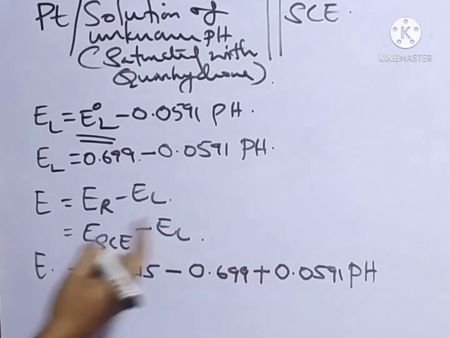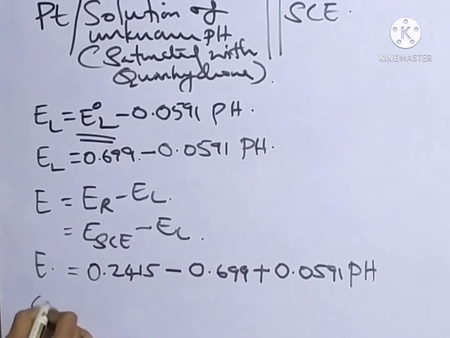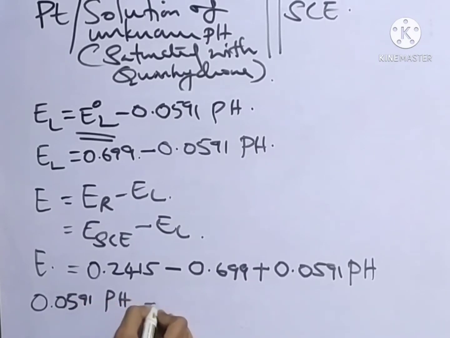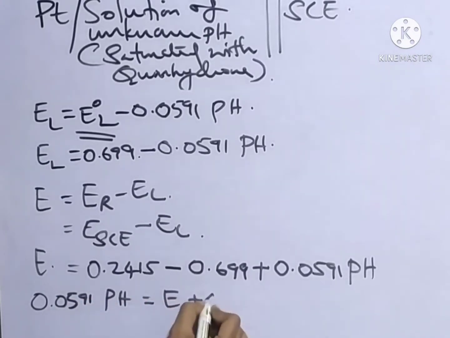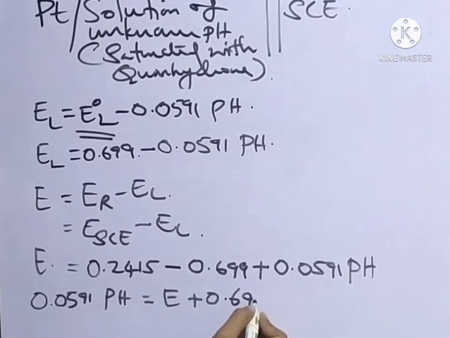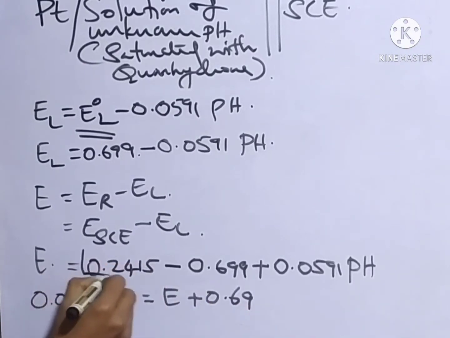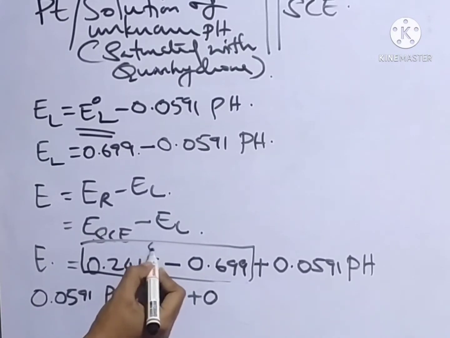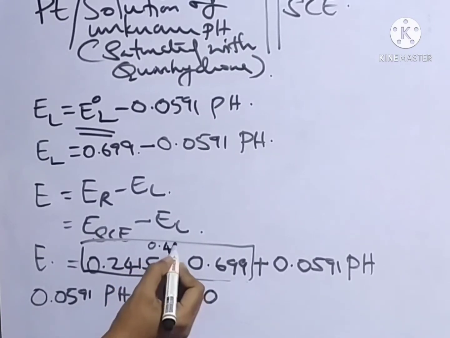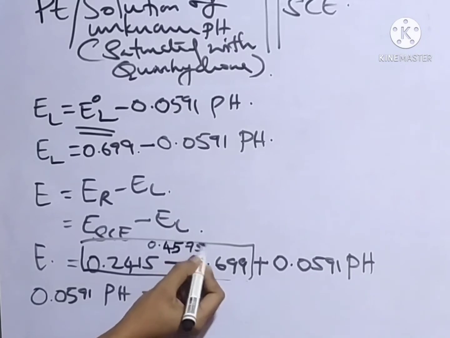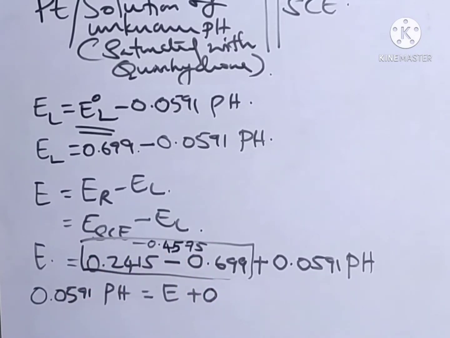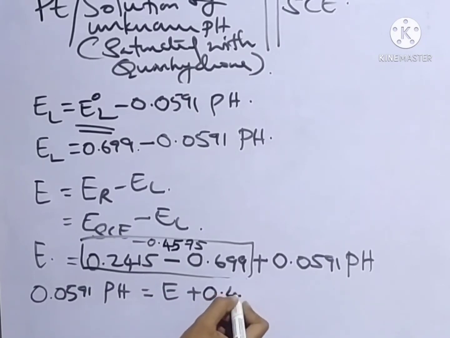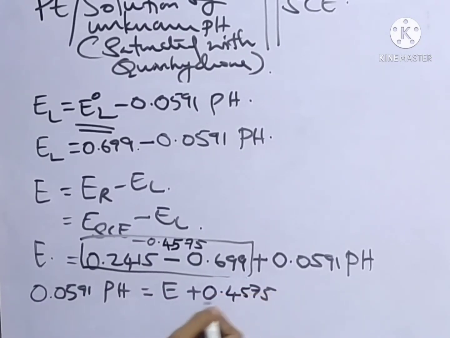Okay. Just rearrange this equation. So we will get 0.0591 pH equal to E plus 0.699. Okay, we can subtract these two values, 0.699 minus 0.2415, so we will get 0.4575. If we bring it to the LHS, we will get plus 0.4575.